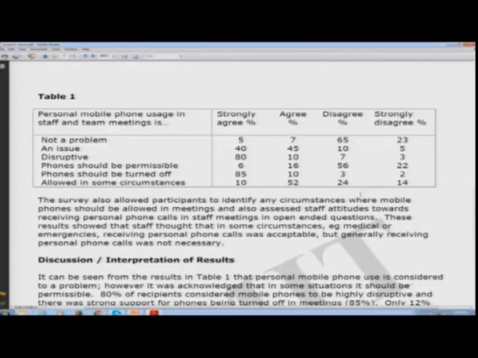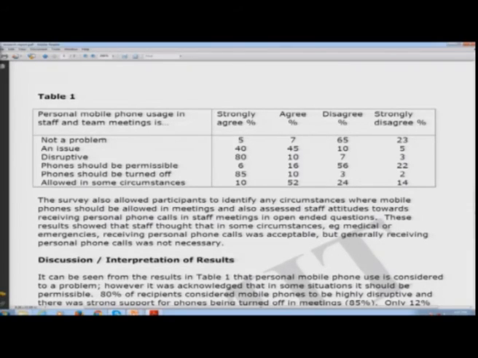The stats are given here in table 1. Personal mobile phone usage in staff and team meetings is not a problem, an issue, disruptive, phone should be permissible, phone should be turned off, allowed in some circumstances. So, these were the questions, and people were asked to respond along these 4 scales: strongly agree, agree, disagree, strongly disagree.